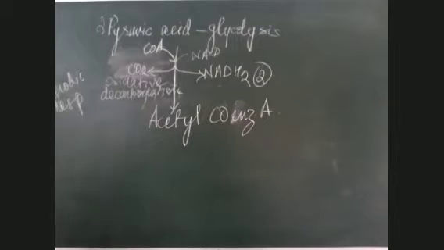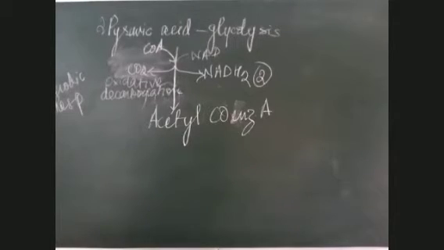So the two molecules of pyruvic acid undergo the gateway step, or oxidative decarboxylation, which results in the addition of coenzyme A, removal of a molecule of CO2, and conversion of NAD to NADH2.